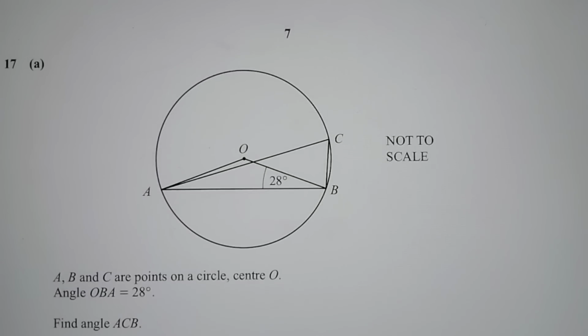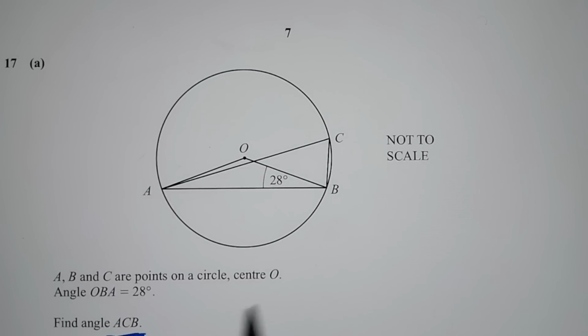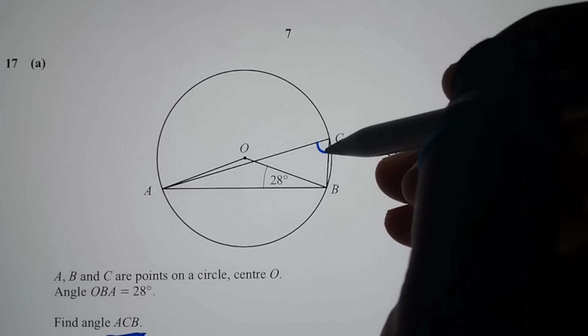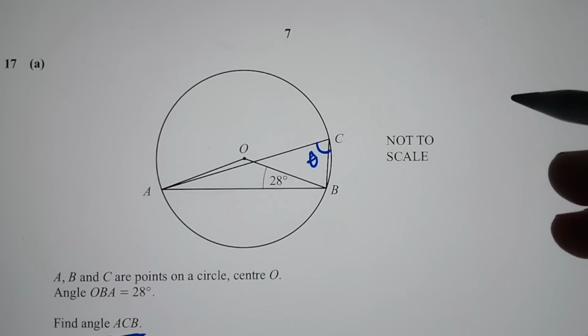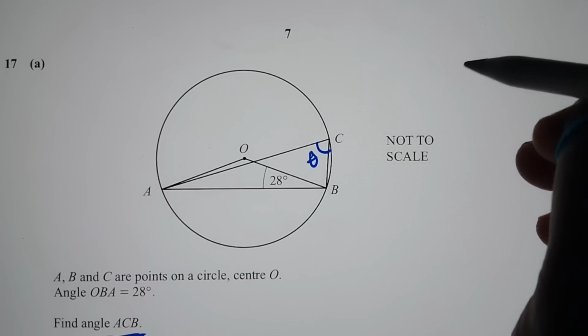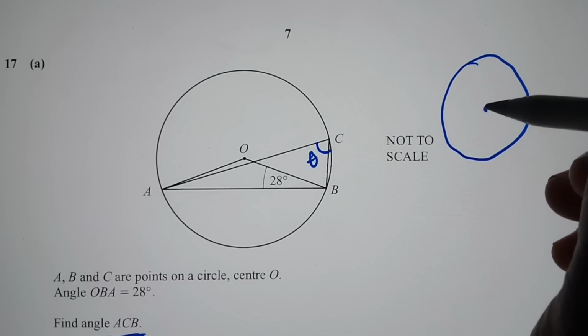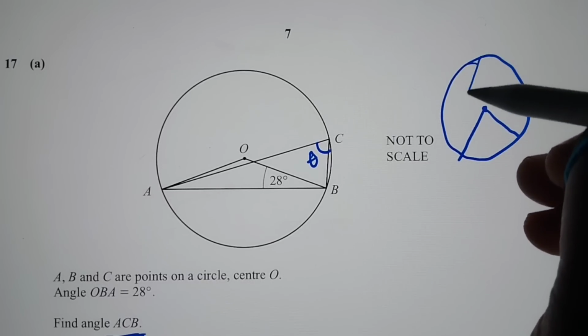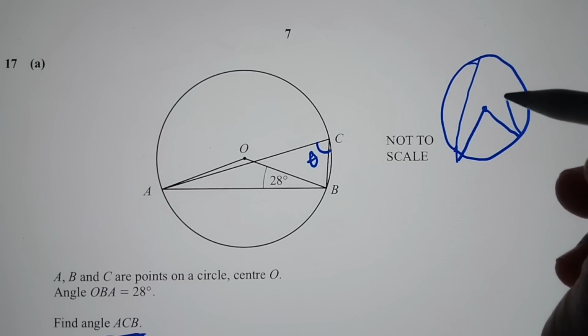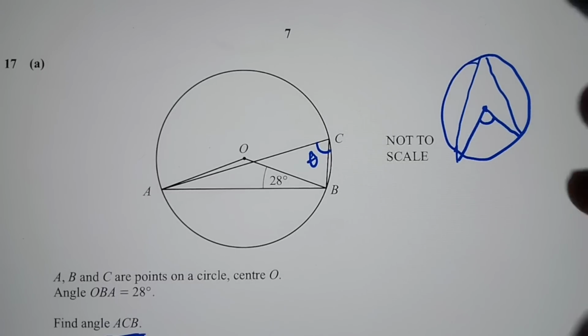We are required to find angle ACB, which is this angle here. So let's call this theta. Always remember the rule that says angle at center is twice angle at circumference.